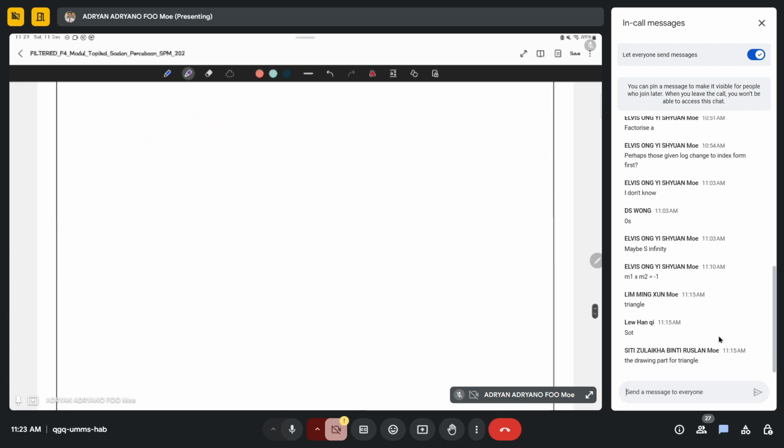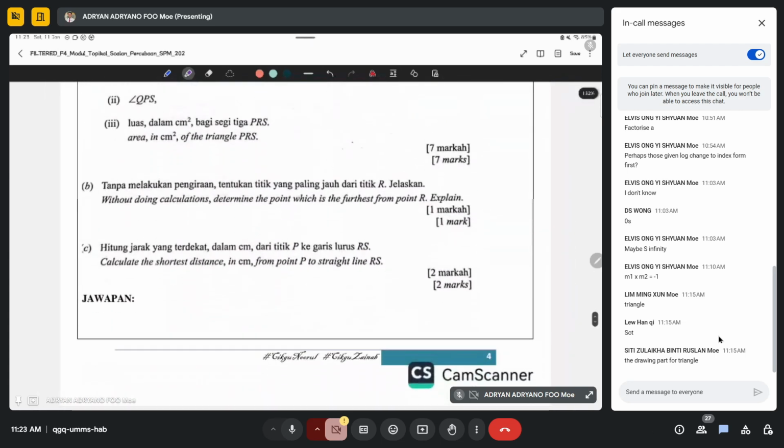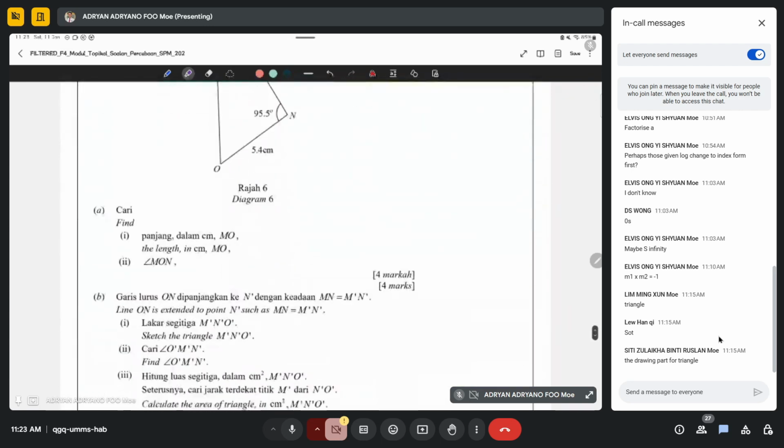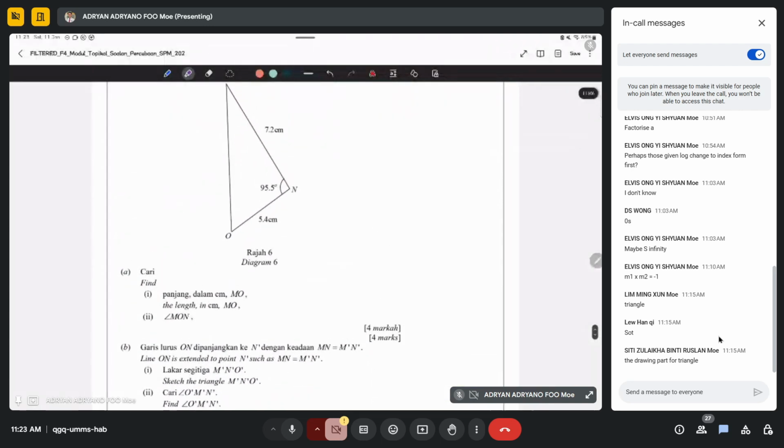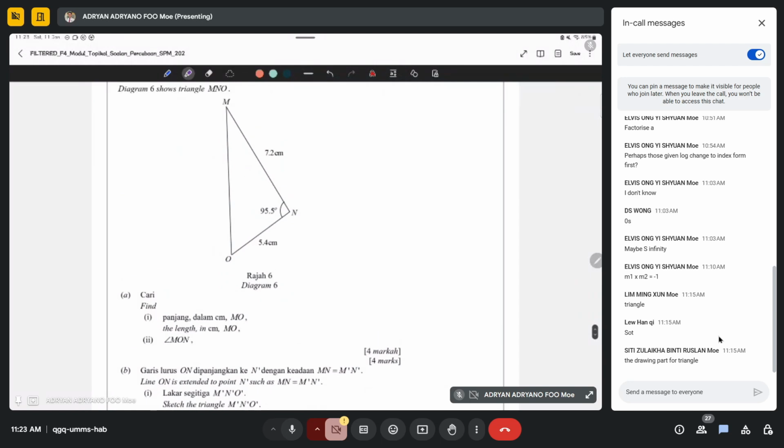Alright, let's try another question. Line ON is extended to point N' such that MN equals M'N'. So MN cannot move, meaning the value of MN must be the same.